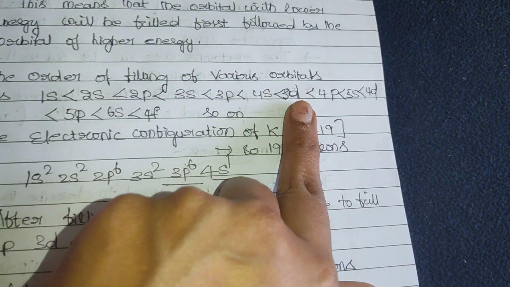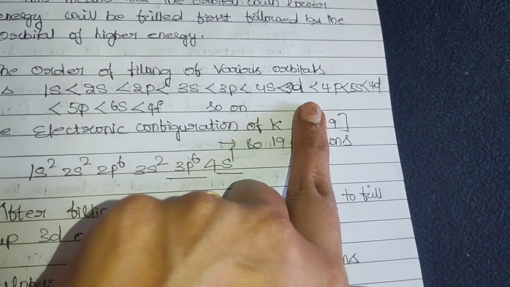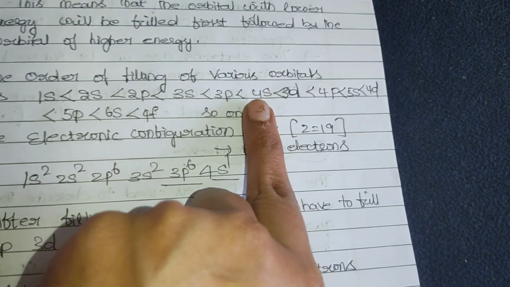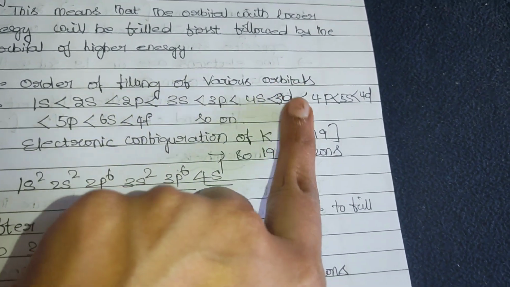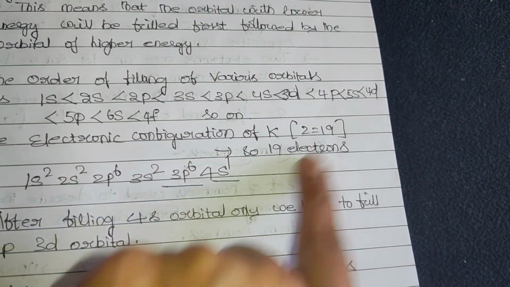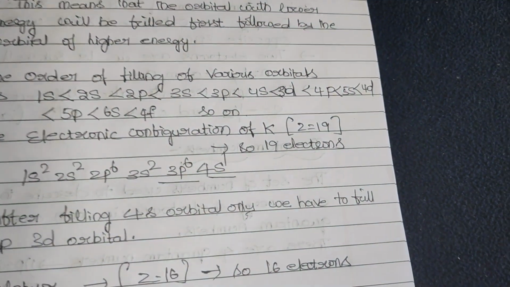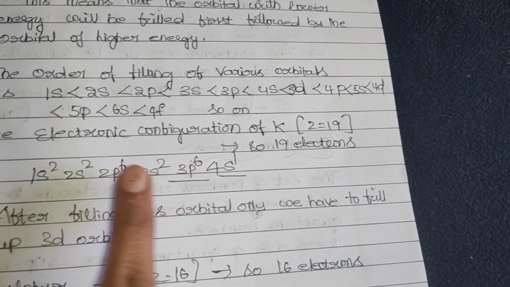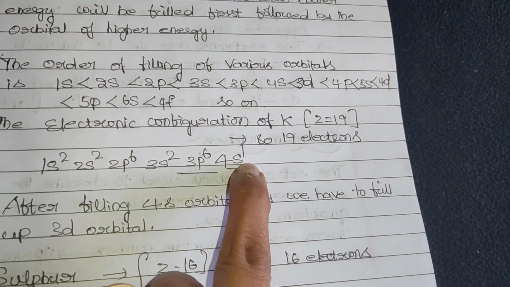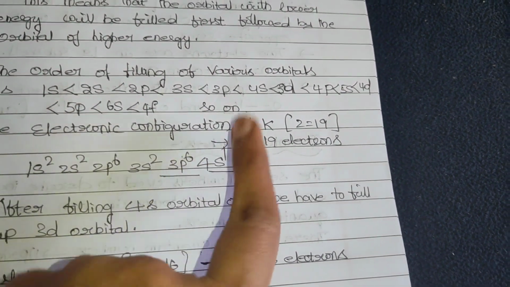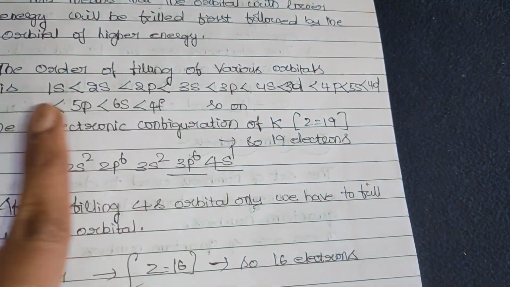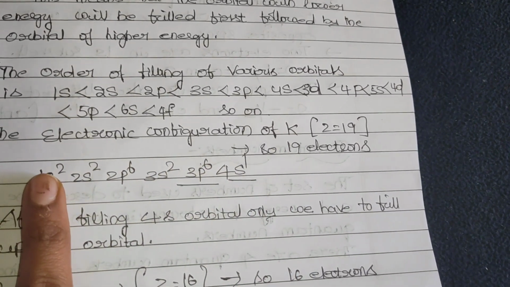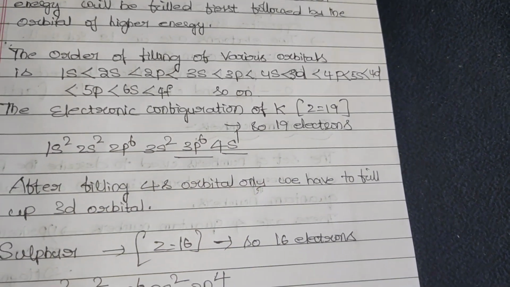The 3d orbital will not be filled first because it has higher energy than 4s. So 4s is filled, and after that 3d would be filled, but here it stops because the 19 electrons are over, so it will not go to the 3d orbital. Like this, the filling of orbitals takes place from lower to higher energy levels.